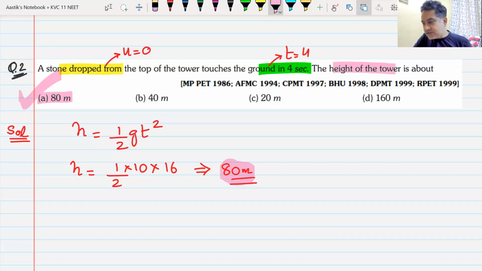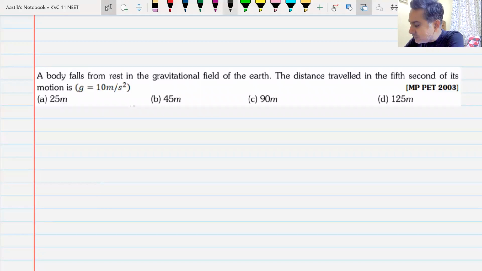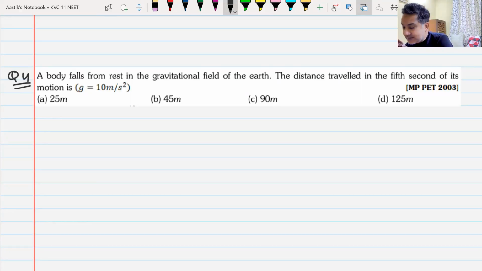This is the next question. I'll call it question number 4, I think. 3 or 4, I've forgotten the count. A body falls from rest in the gravitational field of Earth. What does that mean? This is motion under gravity. Yes or no? It is dropped. So initial velocity is 0.